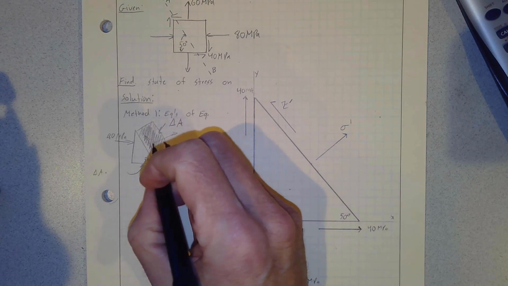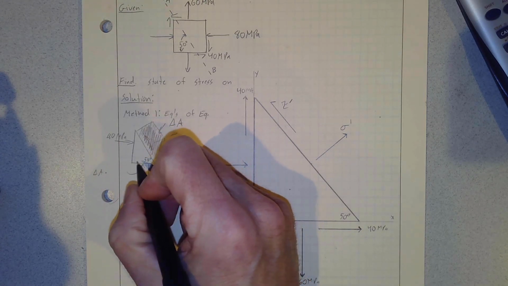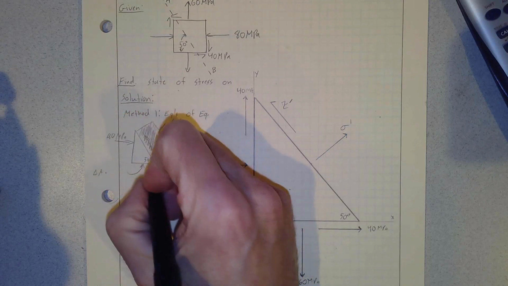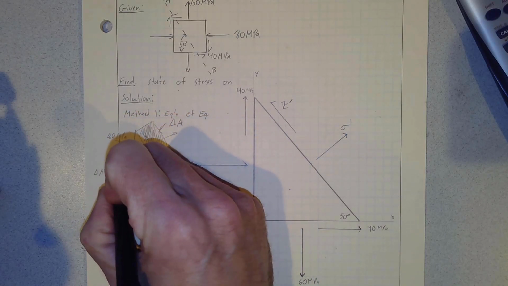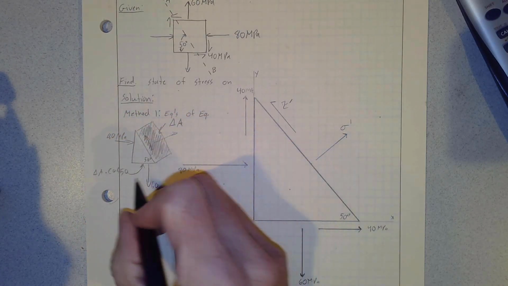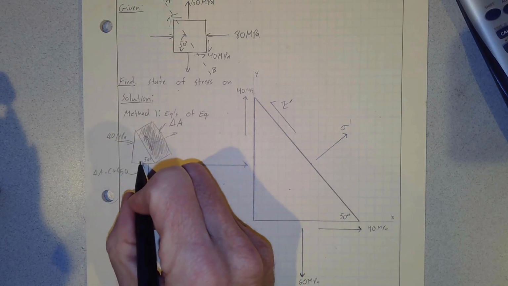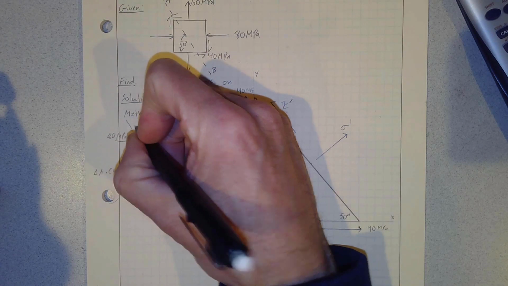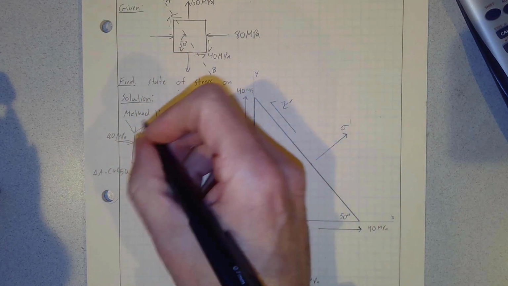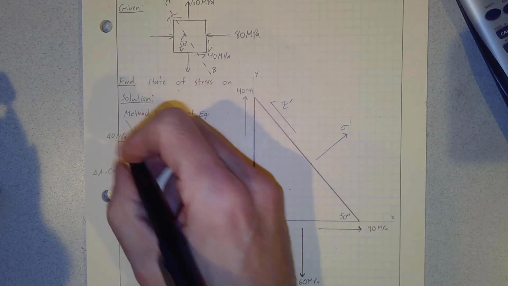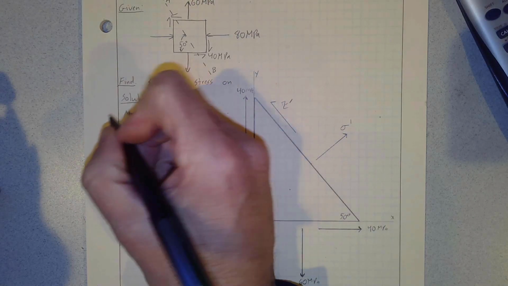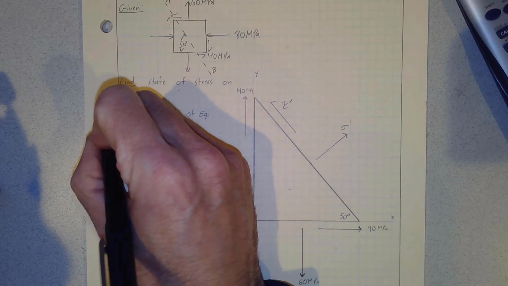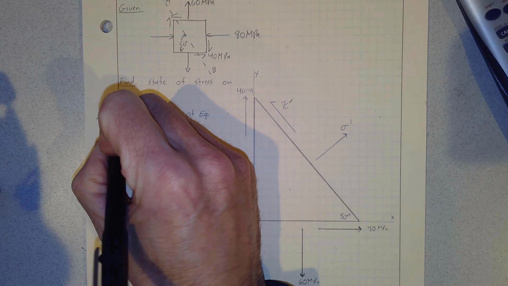So in that case, I would probably say cosine of our 50 degrees there, or you could do sine of 40, however you wanted to. So that area is delta A times cosine 50, and then the area that the 80 megapascals acts over would be delta A times sine of 50.